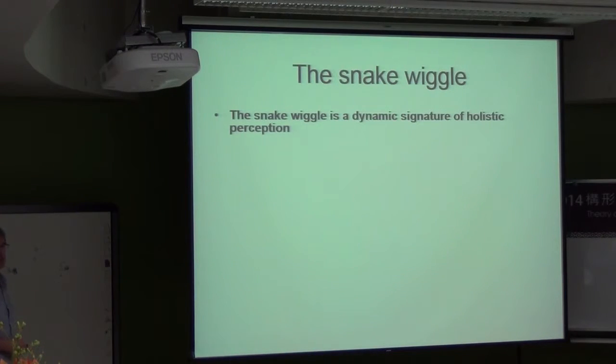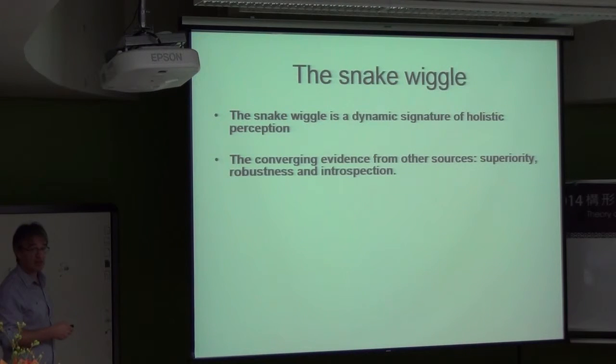So again, let me summarize. The last thing we propose is the snake wiggle, a dynamical signature of systems factorial technology, the survivor interaction contrast function, which can indicate that through learning there is a typical path to holistic processing. So instead of providing a freeze frame of the current status of your processing, it shows you how it changes over time in a regular fashion.